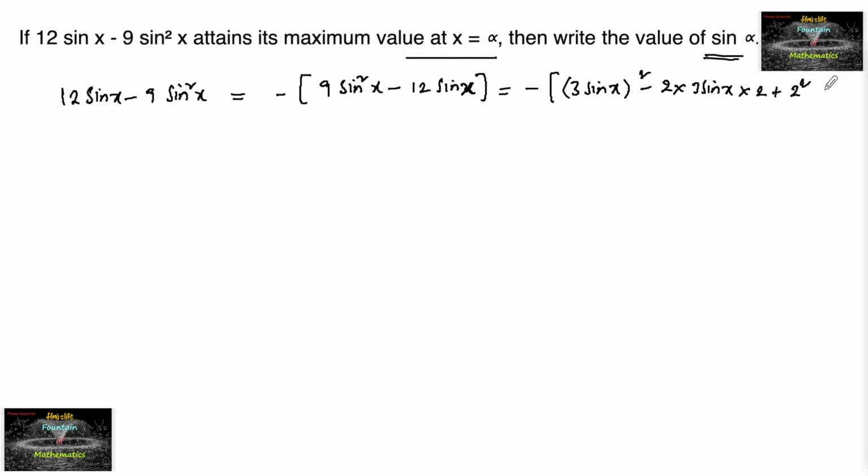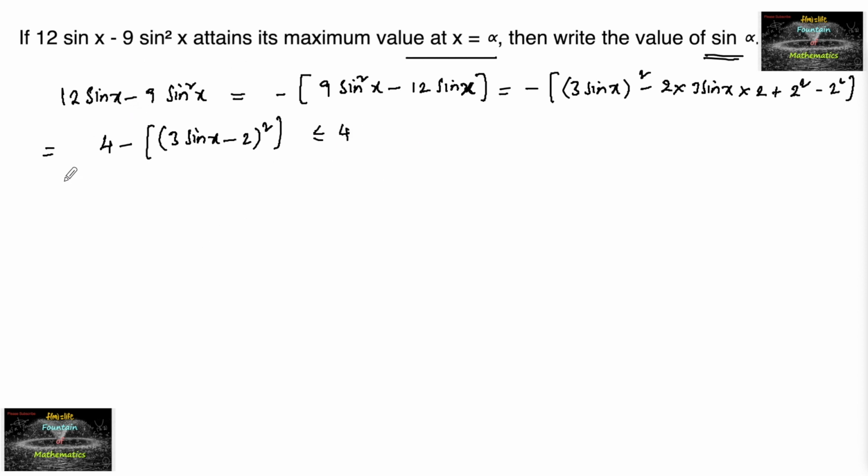So I will take plus 2 square and minus 2 square, so that minus of minus 2 square will come outside. 4 minus of (3 sin x minus 2) whole square, and which is always less than or equal to 4.